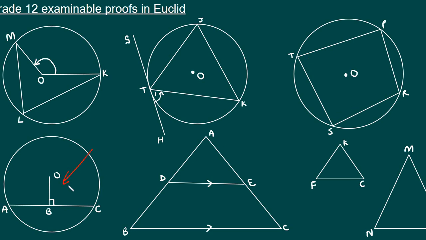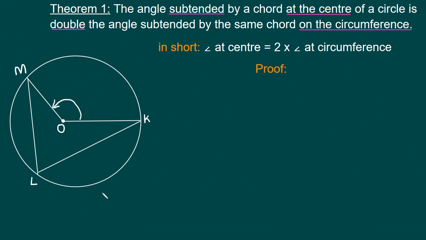Then this one here is the first theorem in your textbooks, which is talking about the perpendicular line that bisects the chord. And then this one, from grade 12 now, is the proportionality theorem. And this one, whereby you see 2 triangles, is the similarity theorem.